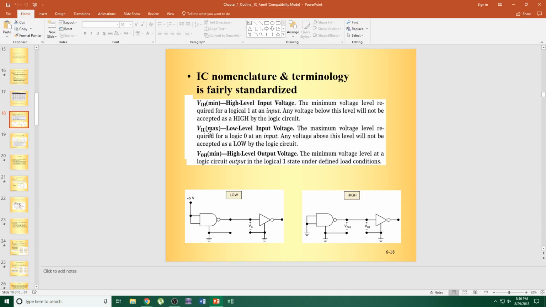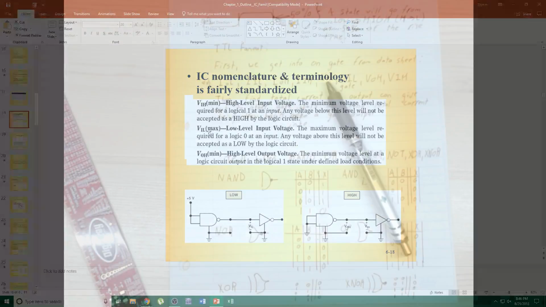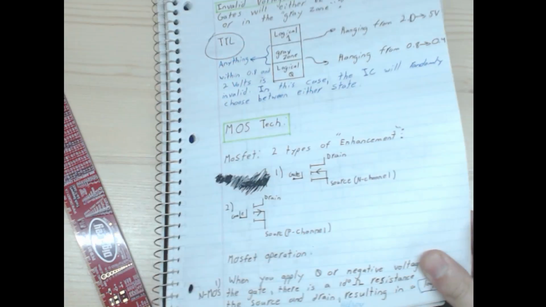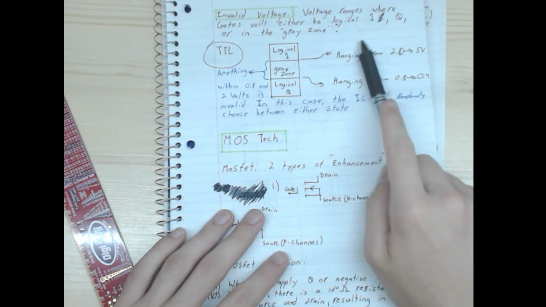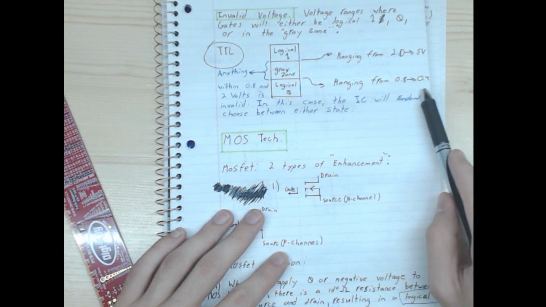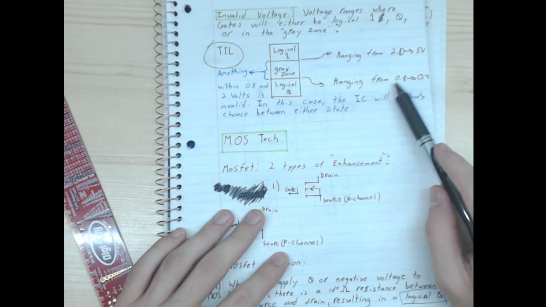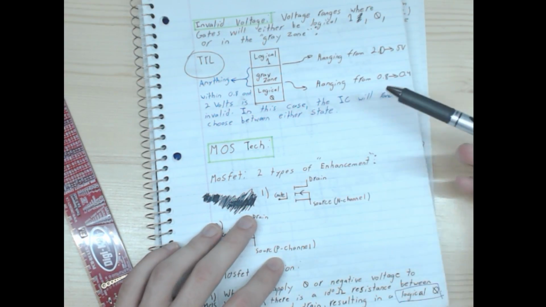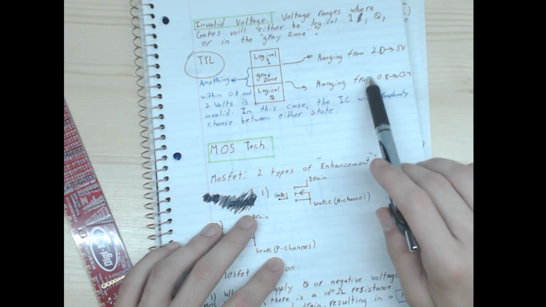In this case, for TTL, we've already discussed that it's from 0.8 to 0.4. So 0.8 would be the max. 0.4 to 0 would be the lowest. So within this range.